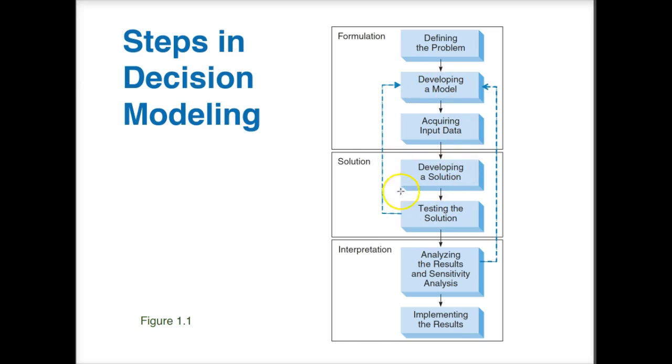And of course, this is cyclical, meaning that there may be several iterations of that until we get to a model and a solution that is acceptable. And then after that, we will analyze the results and do some sensitivity analysis on it to ask questions about our results. And then if we accept everything, in most instances, we will want to implement those results.